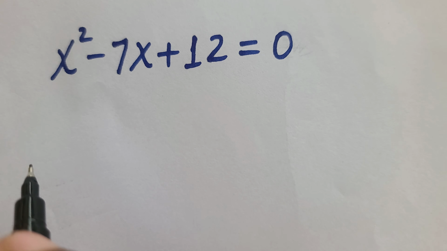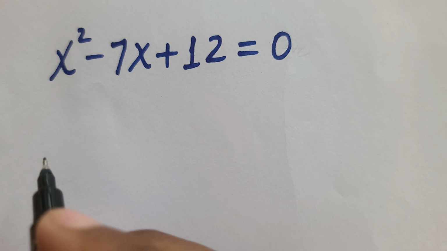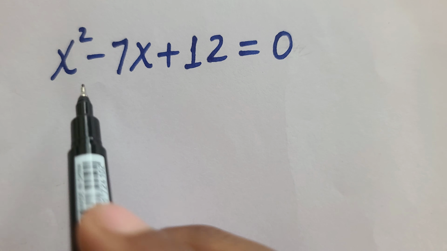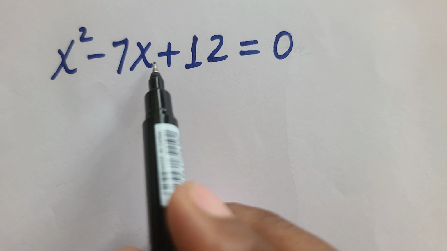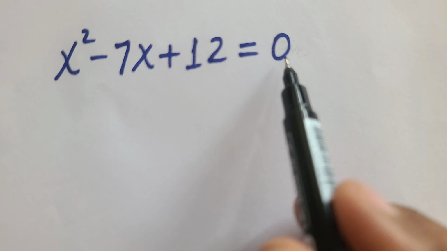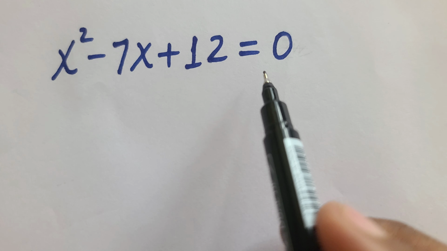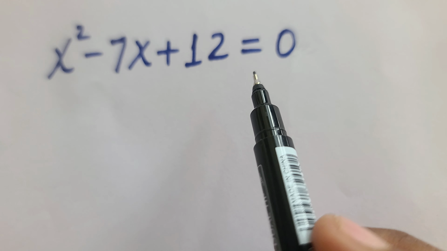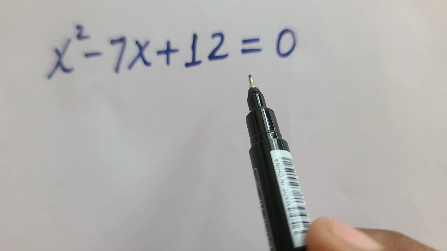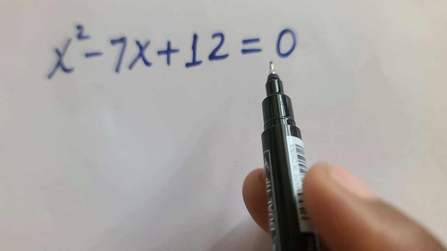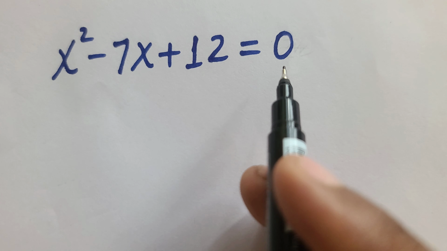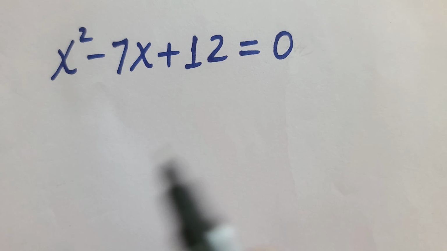Now let's determine this very important quadratic equation. As you see here, x squared minus 7x plus 12 equals 0. In order to evaluate this quadratic equation, we may use the general formula or the factorization method.